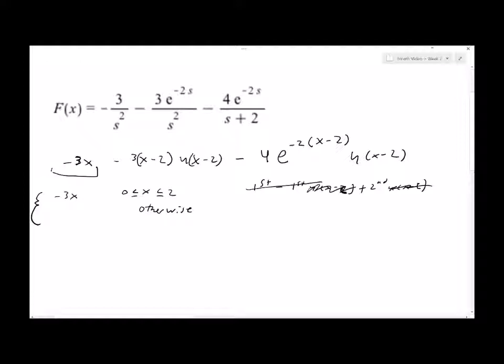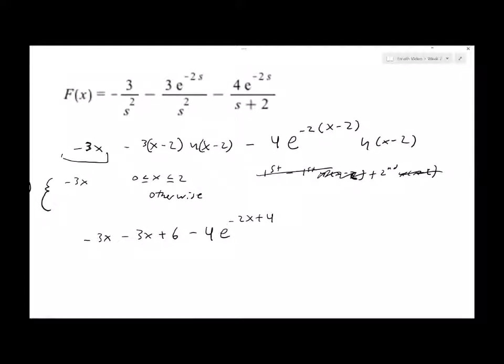We're just going to ignore our u's, and we're going to have negative 3x minus 3x plus 6 minus, I'm just distributing everything out, negative 2x plus 4. Okay? Now we combine our like terms, we're left with negative 6x plus 6 minus 4e to the negative 2x plus 4. And this is our second line.